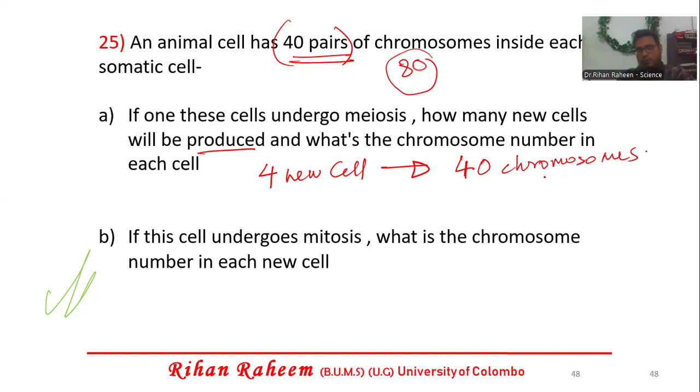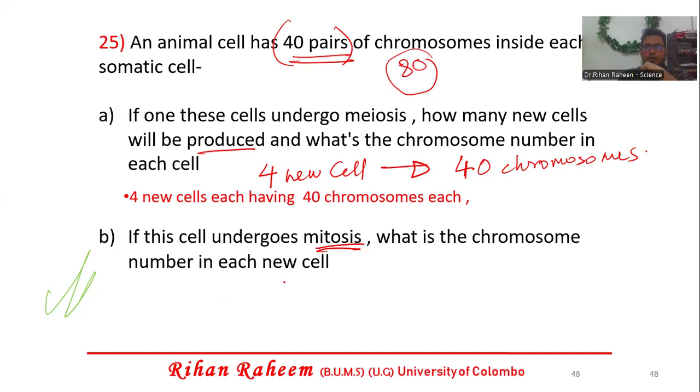Are you clear about it? 4 new cells having 40 chromosomes each. If this cell undergoes mitosis, what is the chromosome number in each new cell?